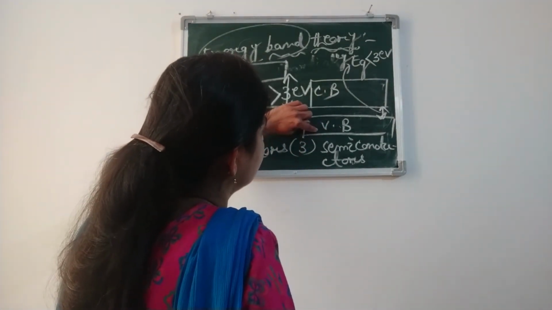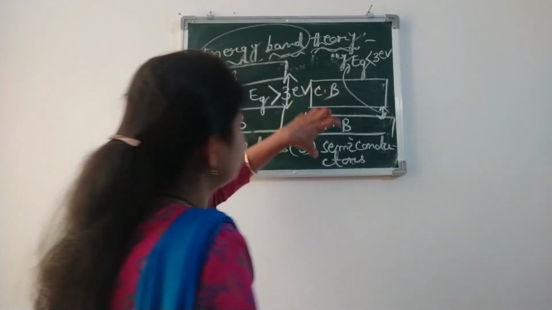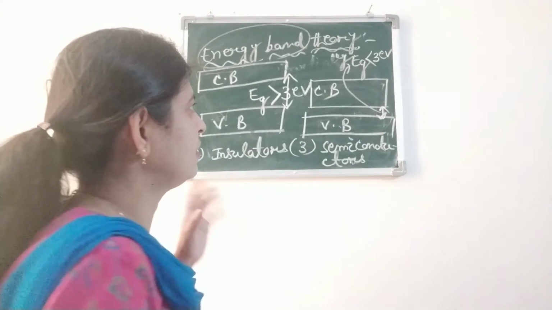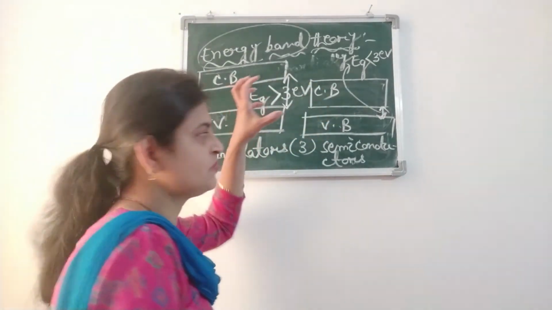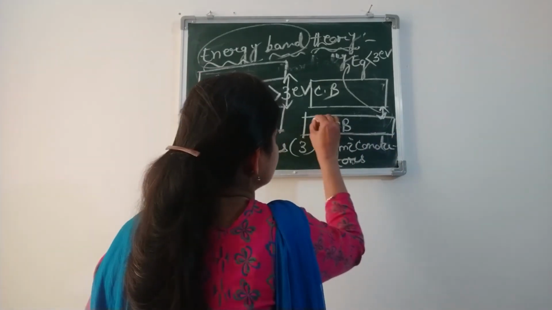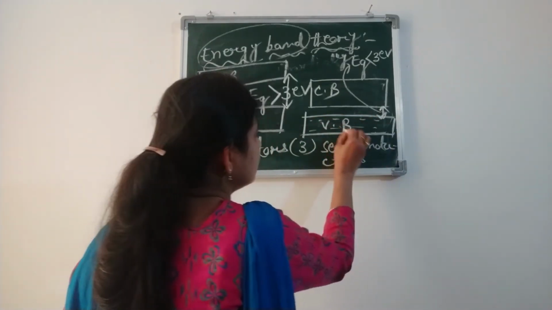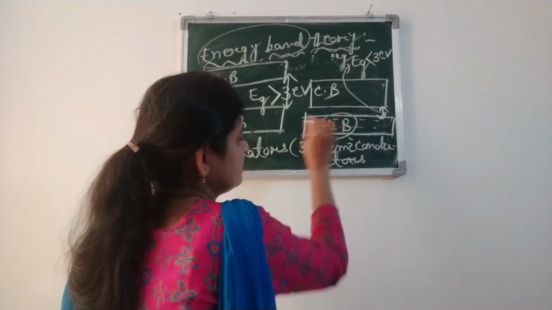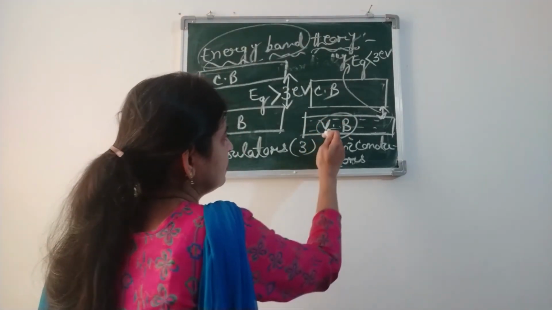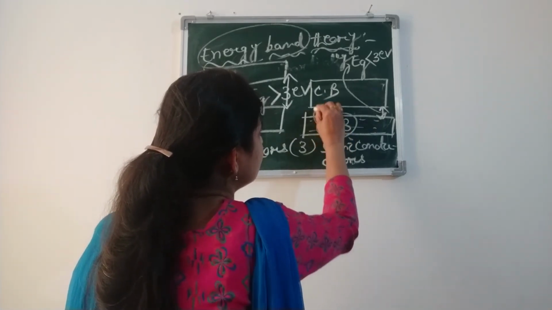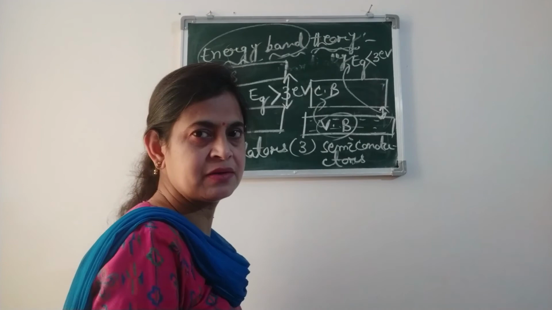Here, if we talk about absolute zero temperature, what will happen? At absolute zero temperature, the electrons present in the valence band do not have sufficient energy, so they are not able to jump from the valence band to the conduction band.